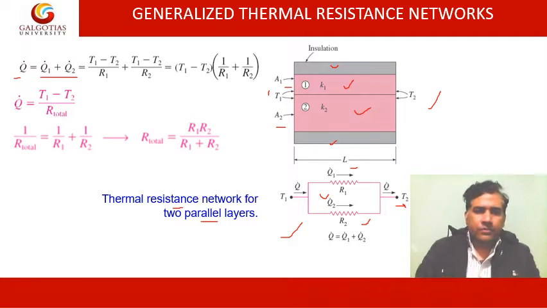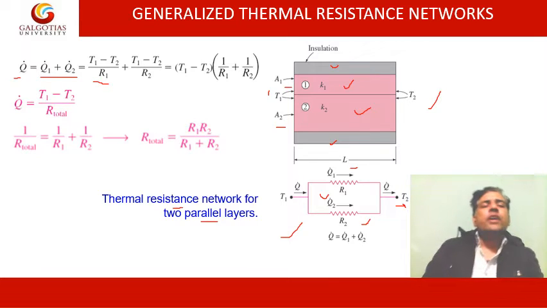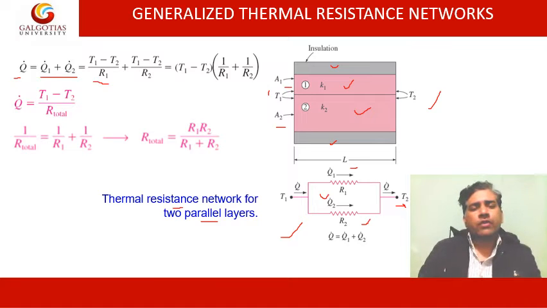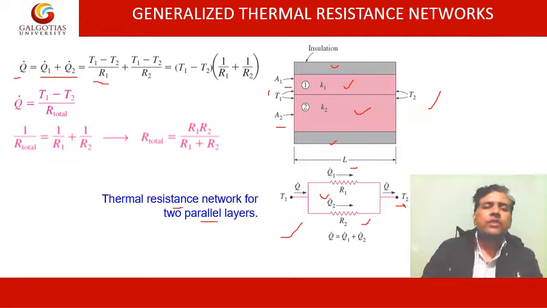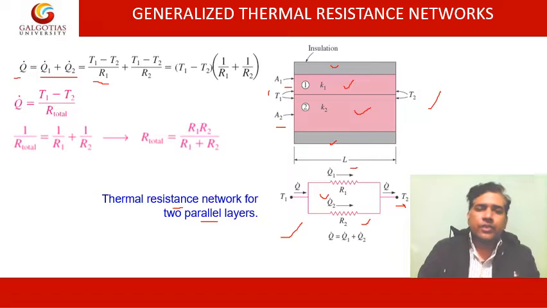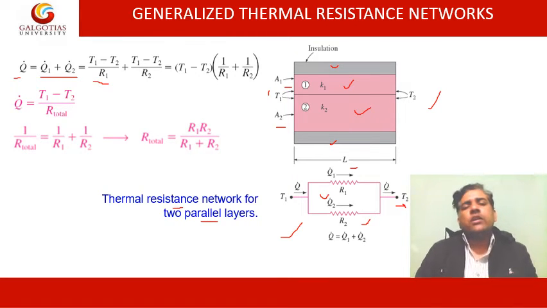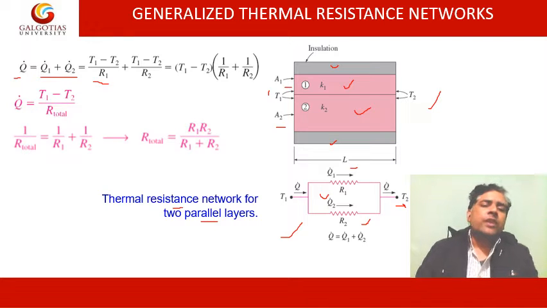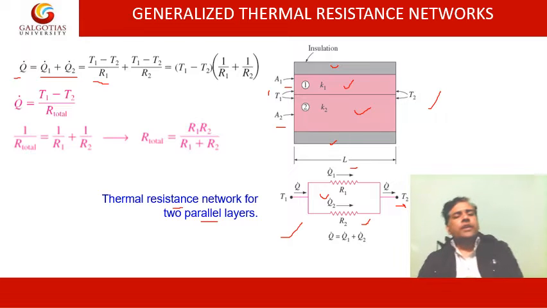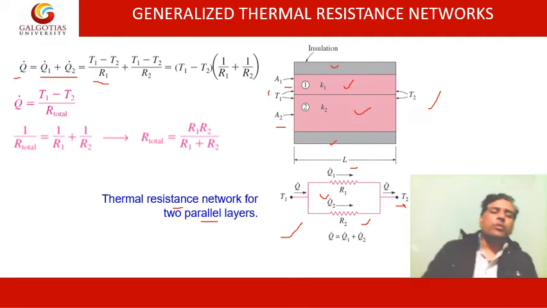The total heat transfer is Q, and it can be divided into two parts, Q1 plus Q2. So we can write Q1 as T1 minus T2 upon R1, where R1 is the thermal resistance. We have discussed the meaning of thermal resistance in the previous unit, and R2 is the thermal resistance offered by layer 2. This is equal to T1 minus T2 into 1 upon R1 plus 1 upon R2, and the final equation will be Q dot equals T1 minus T2 upon R total.